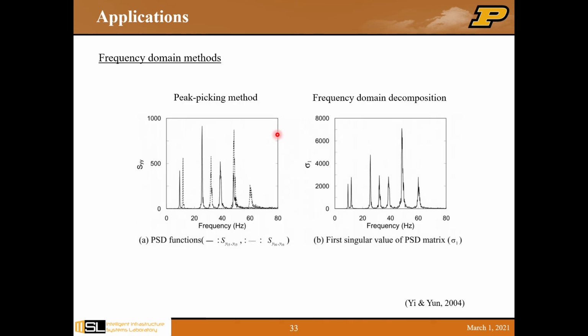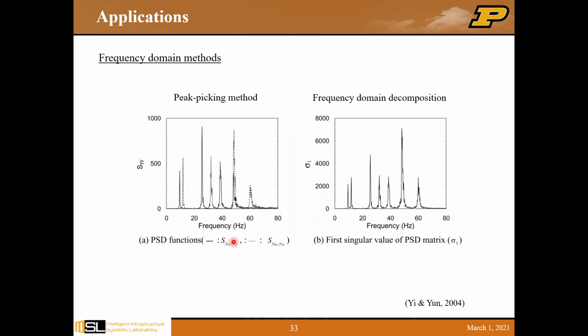So let's first look at the results from the frequency domain methods. The left figure shows the result from the peak picking method, and the right figure shows the frequency domain decomposition results. On the left-hand side, we can see that for some power spectral density functions, it will miss some peaks.